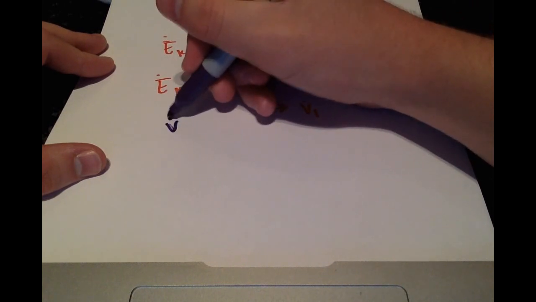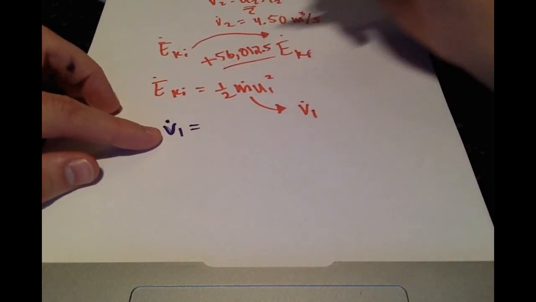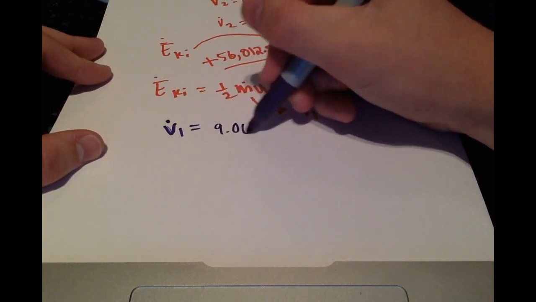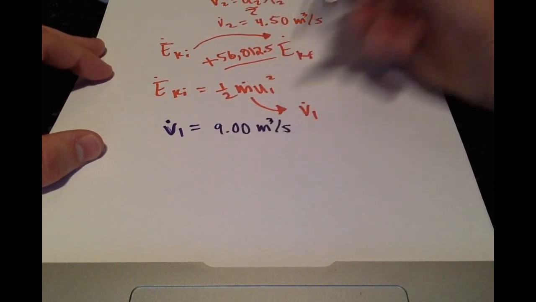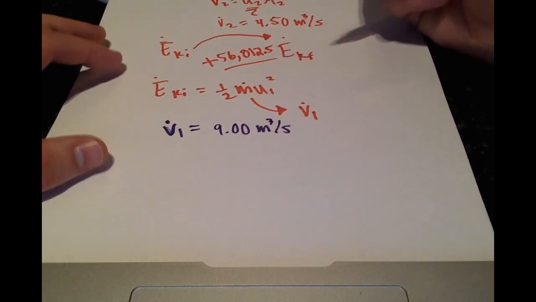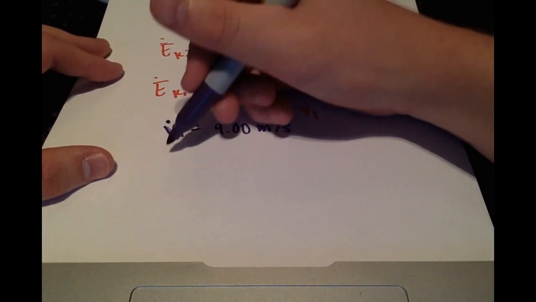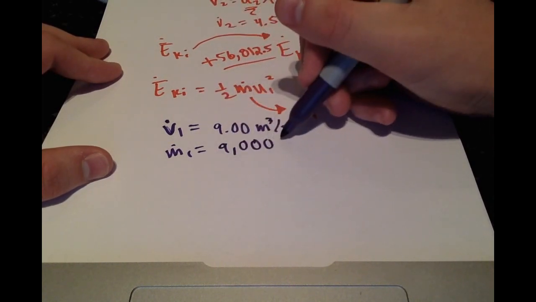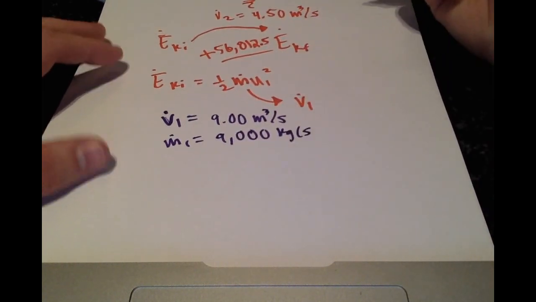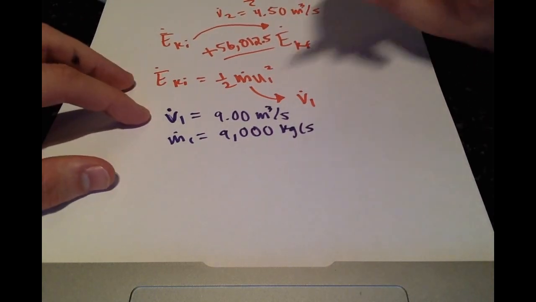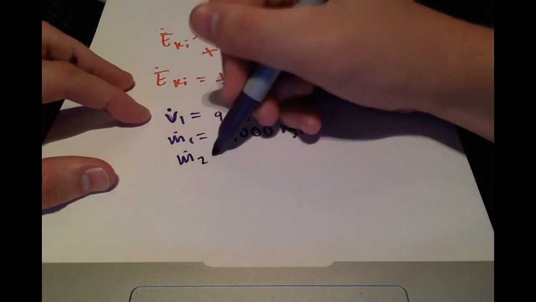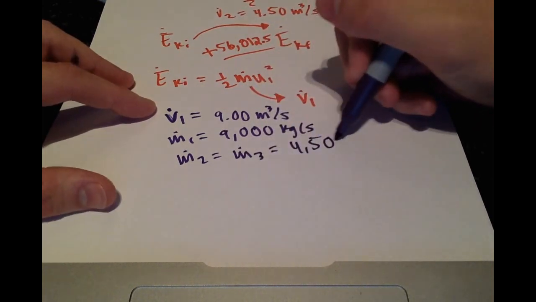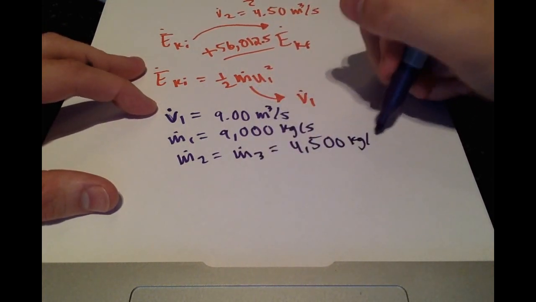Alright, so we have the volumetric flow rate through pipe 1 as 9 meters cubed per second. So multiplying by the density, 1,000 kilograms per meter cubed, we have that the mass flow rate is 9,000 kilograms per second. And similarly, doing that with pipe 2 and pipe 3, we get that the mass flow rate is 4,500 kilograms per second.